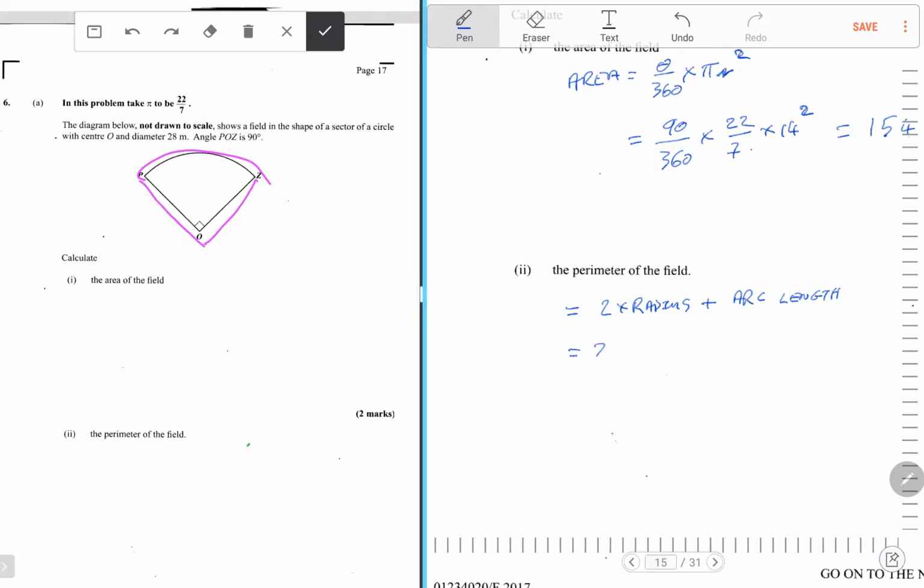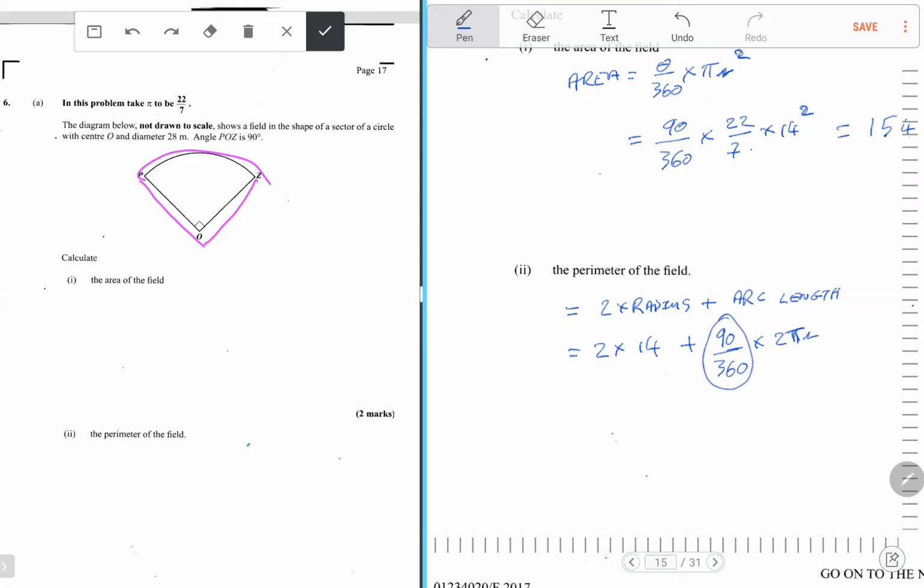So it becomes 2 times the radius, 14, plus the arc length. The arc length is a fraction of the circumference. The circumference of a circle is 2 pi r, and the arc is a fraction of it.